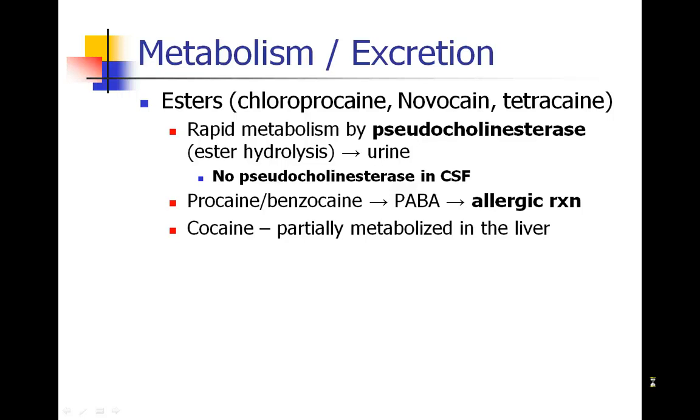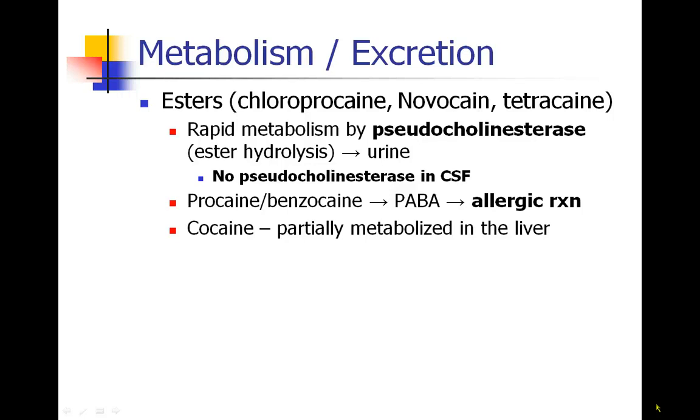The three drugs are succinylcholine, mivacurium, and now ester local anesthetics. There is no pseudocholinesterase in the CSF, which is why drugs like tetracaine can give a very long spinal anesthetic. But in the bloodstream, all of these drugs are metabolized very quickly, just like succinylcholine is.